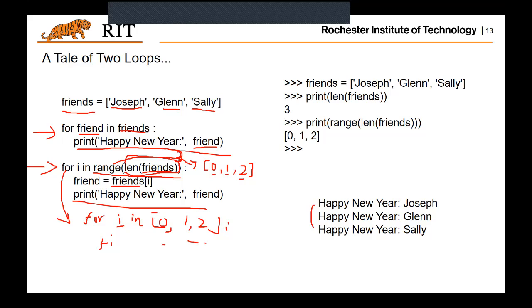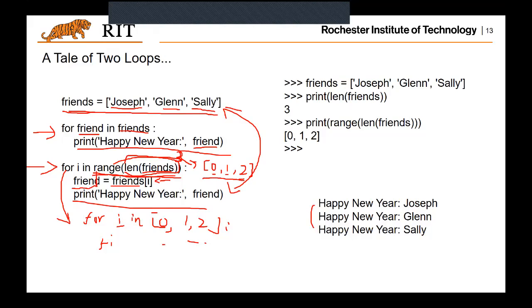So basically these two blocks of code do the exact same thing, but in different ways. In this one, you directly use this friends list. In this one, you are using a range function to generate an index list and use each of the indexes to obtain the elements in the list and print them out.